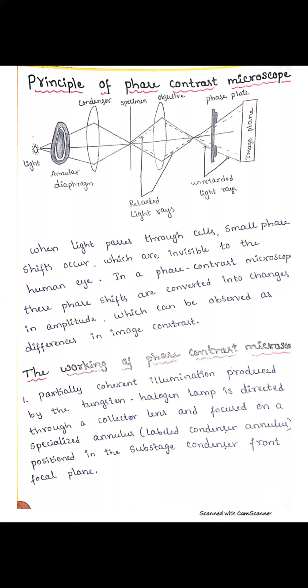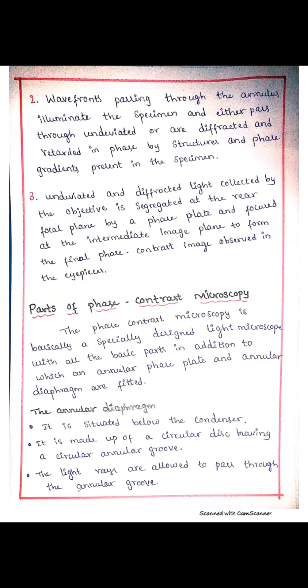Undeviated and diffracted light collected by the objective is segregated at the rear focal plane by a phase plate and focused at the intermediate image plane to form the final phase contrast image observed in the eyepiece.